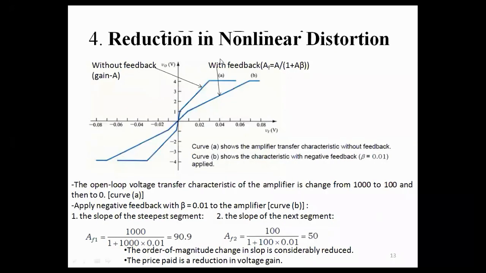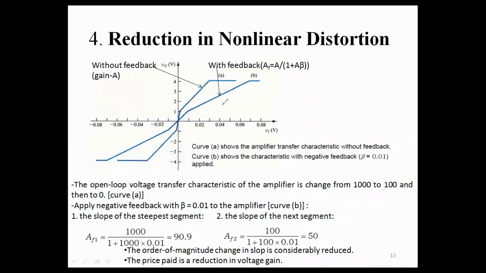Now, reduction in nonlinear distortion. Just see the curves. Curve A is the output voltage versus input voltage without feedback, that is gain A. Curve B is after connecting the feedback. So curve A is here, curve B is here.